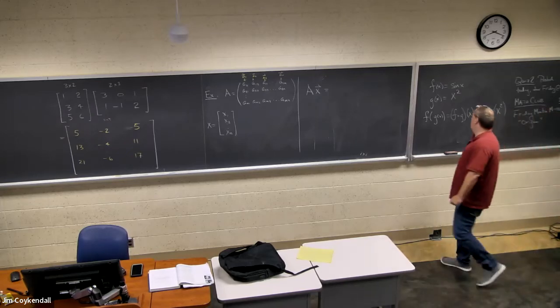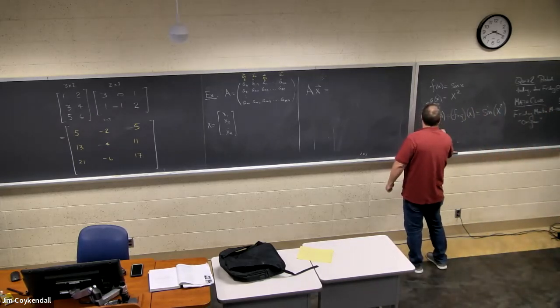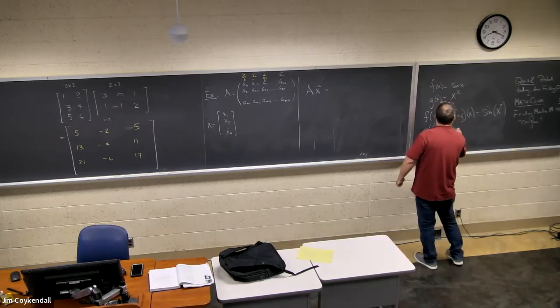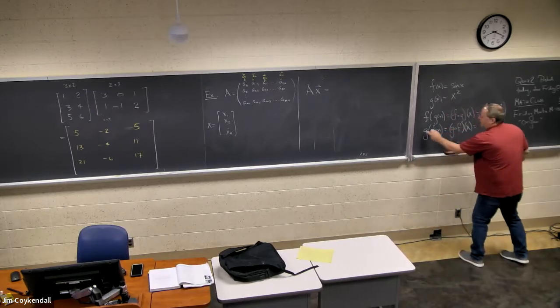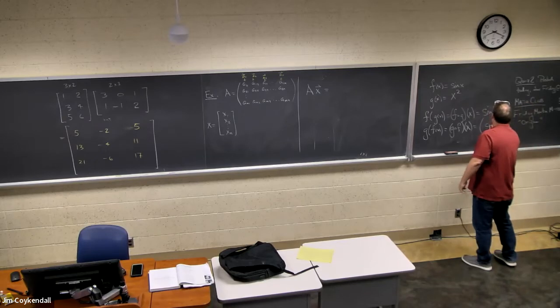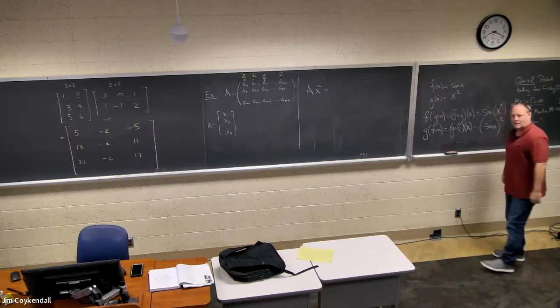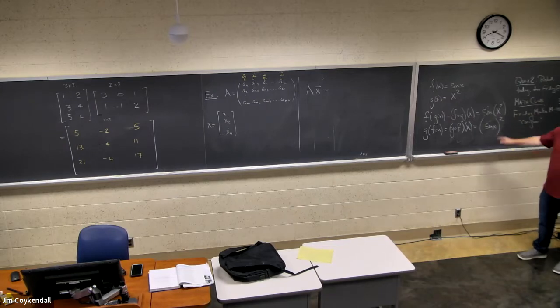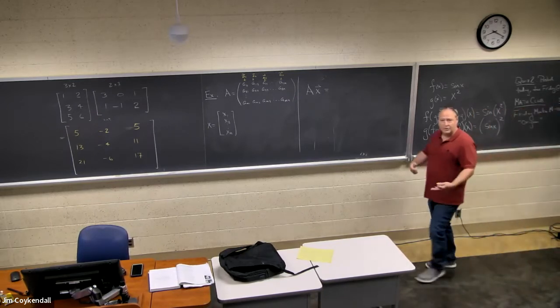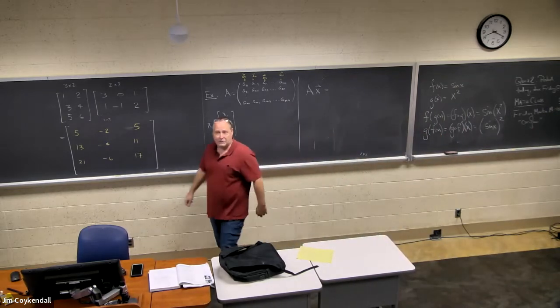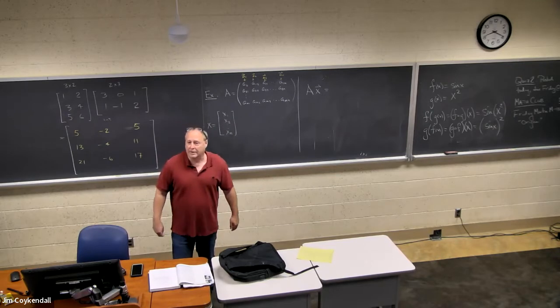If you do it the other way, this is sine x and then square the thing. These are not the same thing, because in particular, this one can never be negative. But this one surely can. Just let x be square root of 3 pi over 2 and you get negative 1 here. So composing functions in different directions does not give you the same thing. And it's the same principle here.